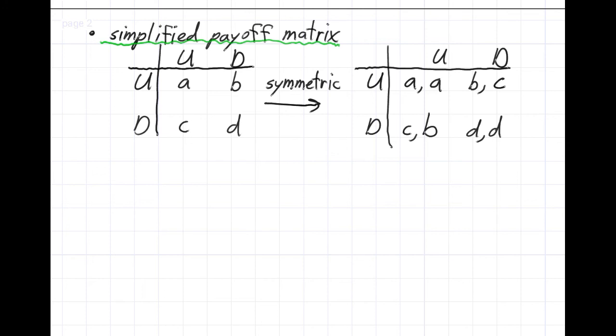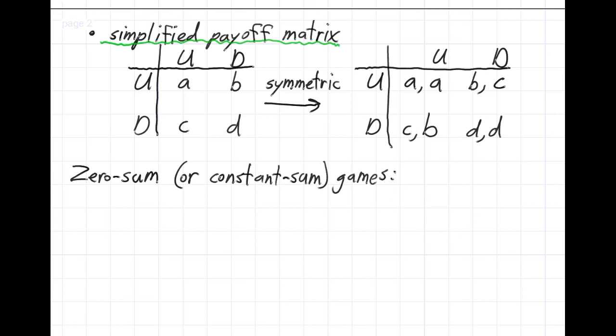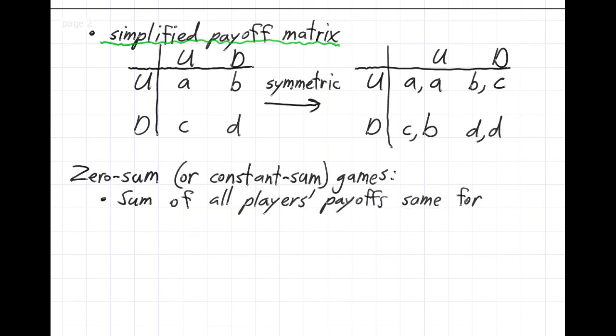Moving on, let's talk about zero-sum games, which are also called constant sum games. So in this case, the sum of all the players' payoffs is the same for all outcomes. So if you add up the payoffs within any one box, you'll see that the sum is the same across all the boxes, across all the outcomes.